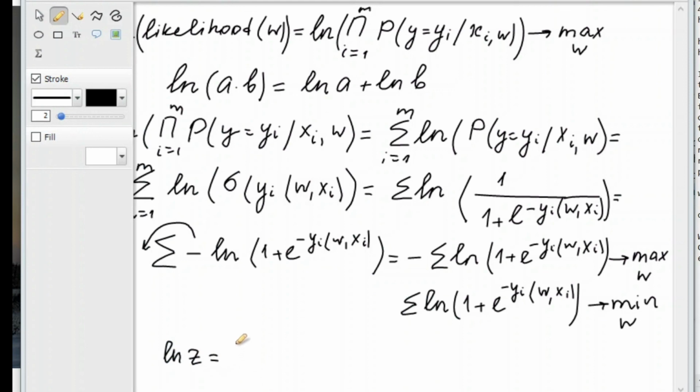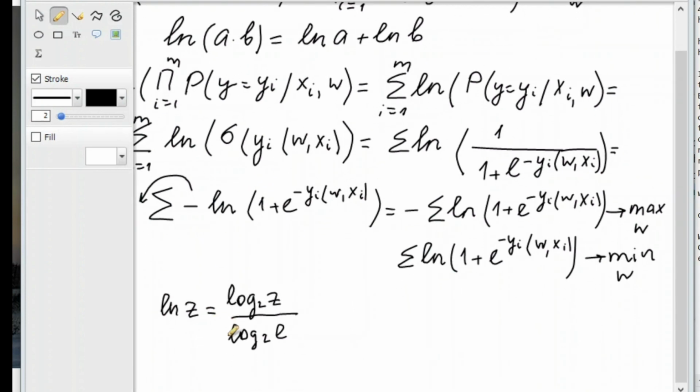The logarithm of z is the same as the logarithm base 2 of z over the logarithm base 2 of e. As our denominator here is constant, we will write that it is constant. We obtain a new equivalent optimization problem where we minimize the sum of logarithms base 2.